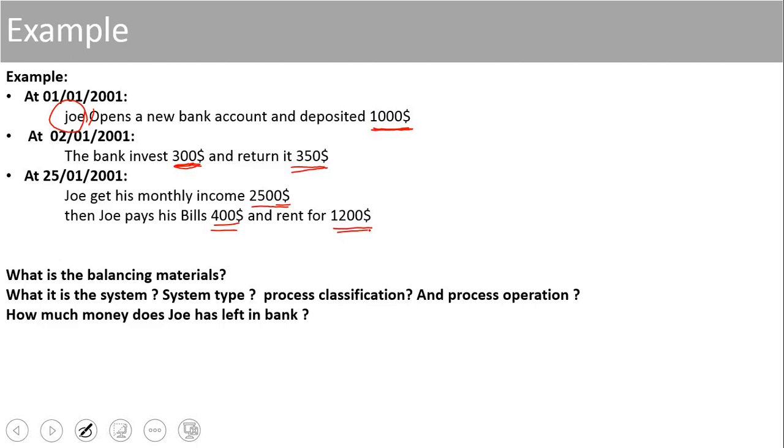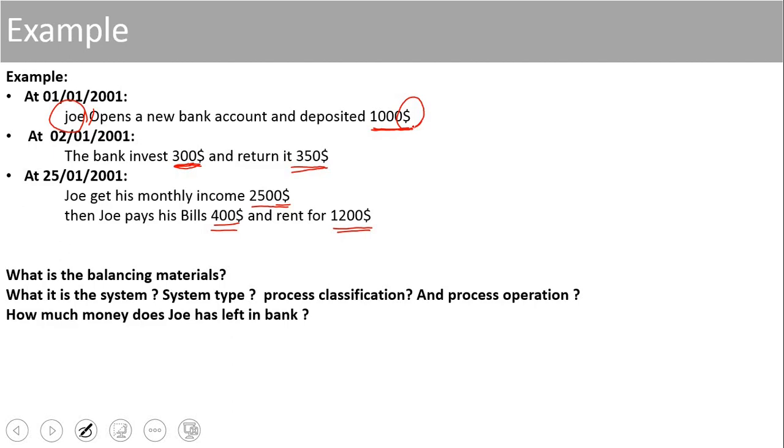So what is the material we are trying to balance? Basically, it's clear that it is money, and the specific currency will be either dollar or wherever he lives. What is the system? The system will be the bank account for Joe, because we are trying to study how much money Joe has.